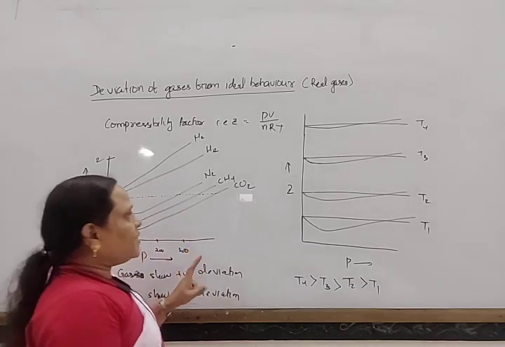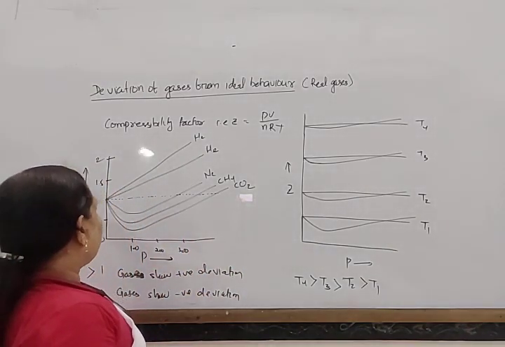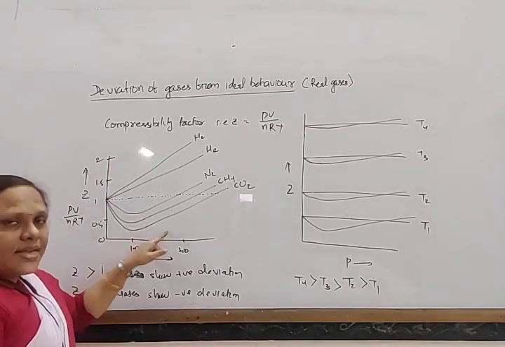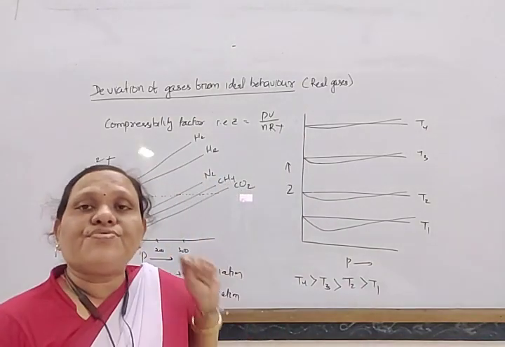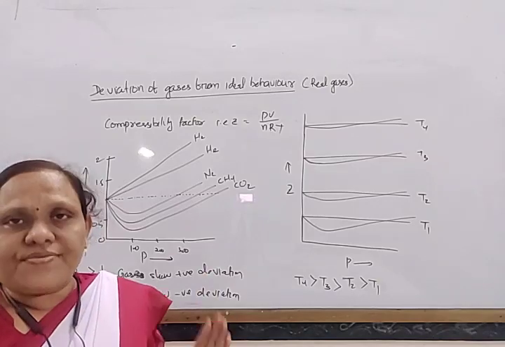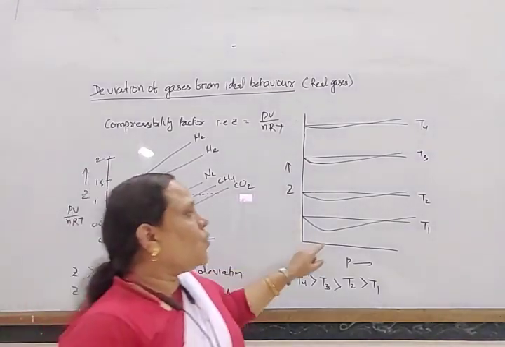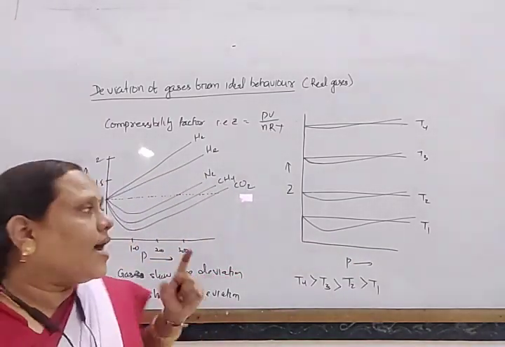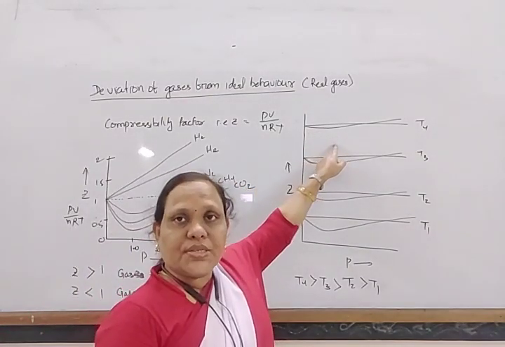So from these two curves, when the graph is drawn between PV by nRT, or Z versus P, for different gases and for nitrogen at different temperatures, it is found that gases show maximum deviation at high pressure and low temperature, and gases behave ideally at low pressure and high temperature.